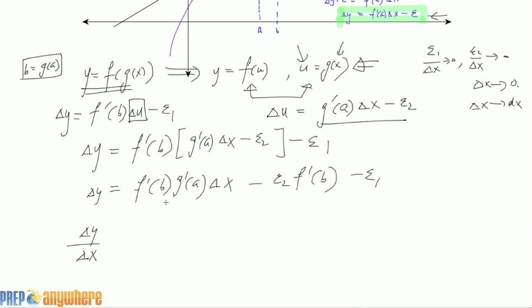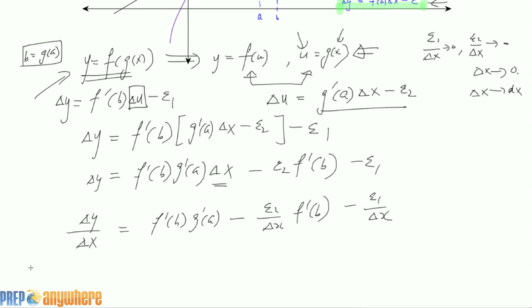So let's divide both sides by delta x. Then we get f prime at b, g prime at a, and the delta x is going to go away. And we have epsilon 2 over delta x, f prime at b, minus epsilon 1 over delta x. So we have an expression for delta y over delta x for the composition.